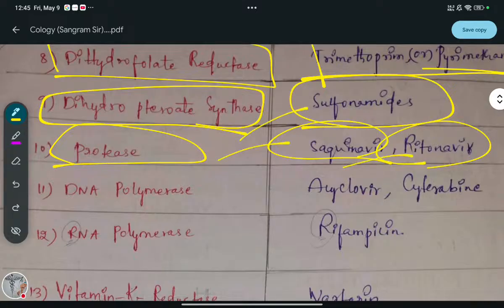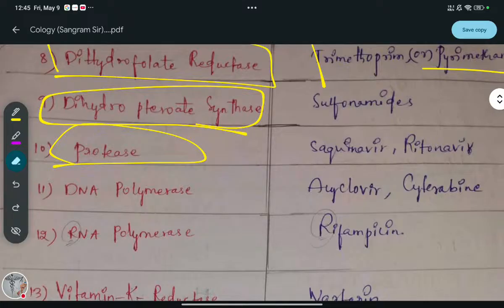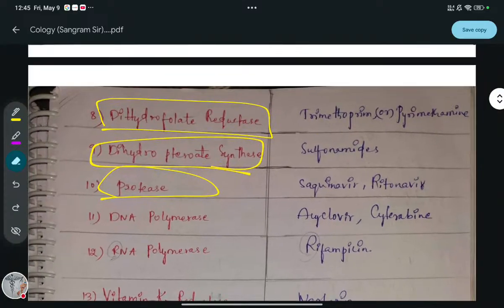Saquinavir, ritonavir, acyclovir, ganciclovir, these are used as antiviral drugs. Rifampicin is an antibiotic actually. It is also called an antitubercular antibiotic.